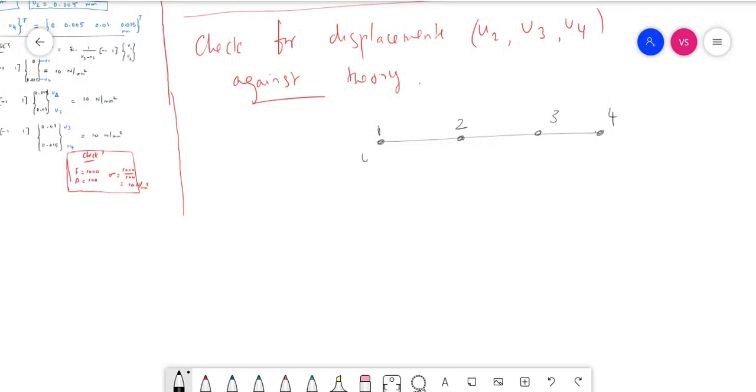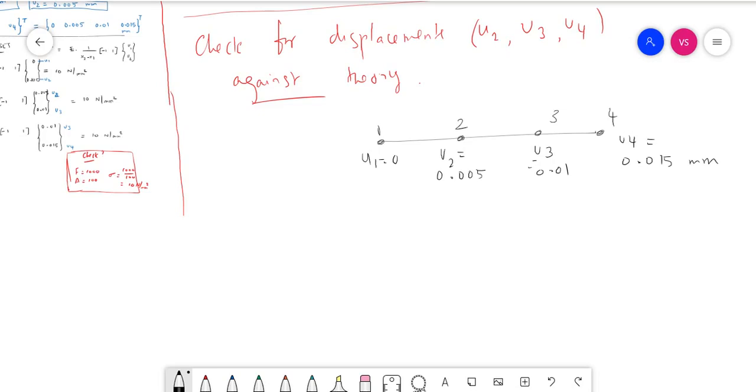We found u1 was 0 because it's given to us. It's fixed, so it will be 0. And we found u2 to be 0.005. This u3 was 0.01. And this u4 was 0.015 millimeters.